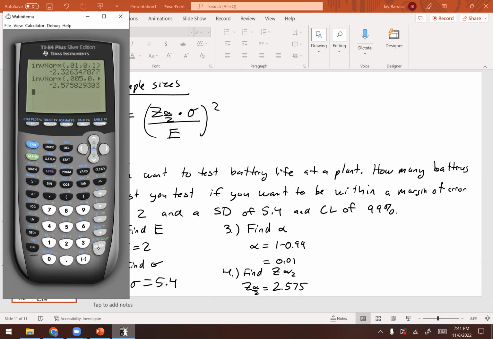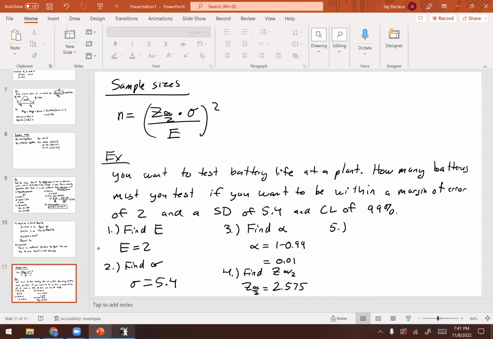Then you press enter, and it's right there, negative 2.575. If you do 2.576, that's fine. I think I've seen both, it just depends on the book. I would accept either one.